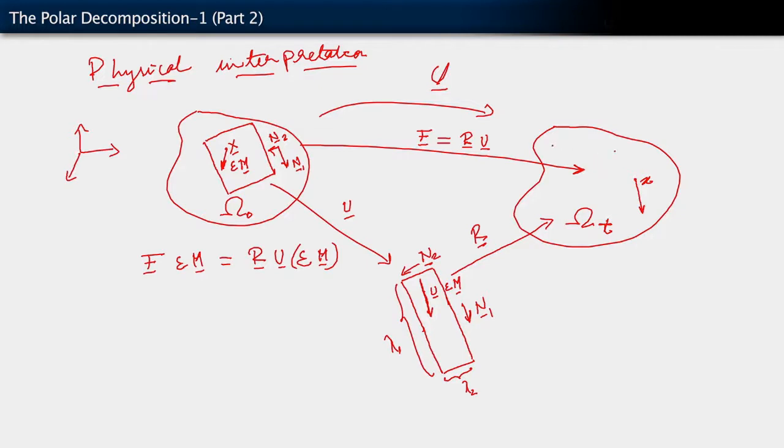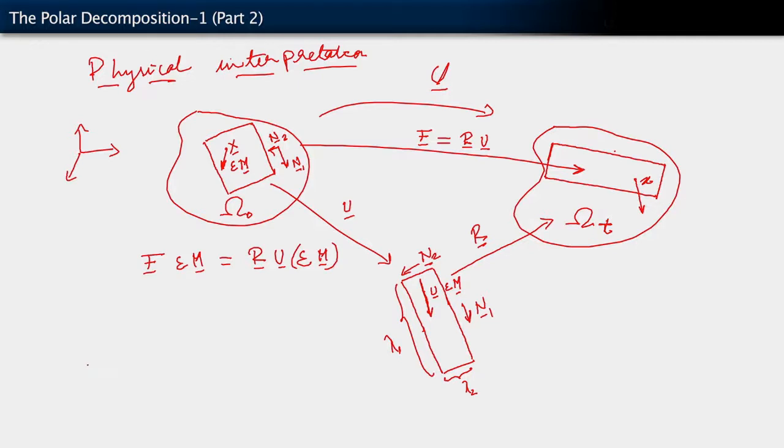I'll try to squeeze it inside here. That is what R has done to that neighborhood. It's simply rotated it without changing the lengths of its sides. This is the effect of the components of the polar decomposition upon a vector.